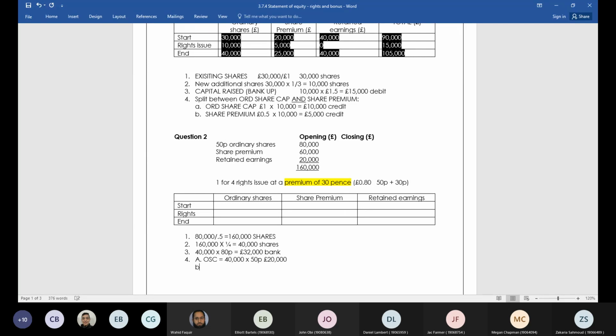And then B. Don't want to do B like that, so I'll do it over here. Let's try again. Share premium has got to be same number of shares by the premium, 30p.